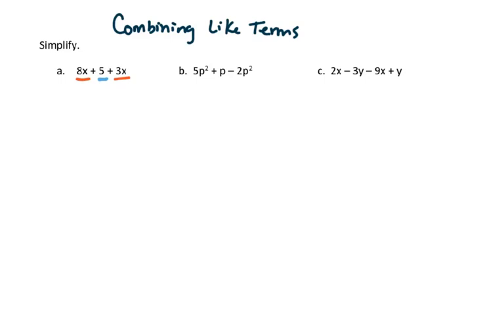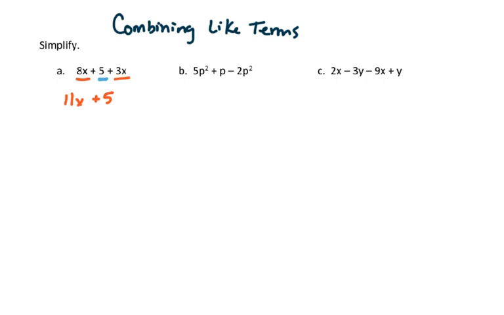So I'm going to want to only combine the two that actually have x. So 8x plus 3x is 11x, and I do need to use the signs that are on the variables, or on the coefficients, and then plus 5 stays the same. It doesn't combine with anything.